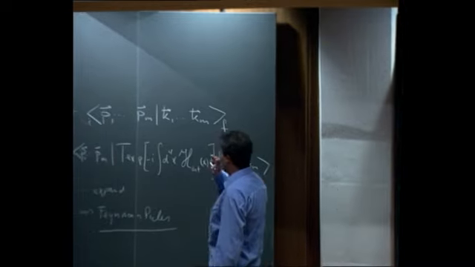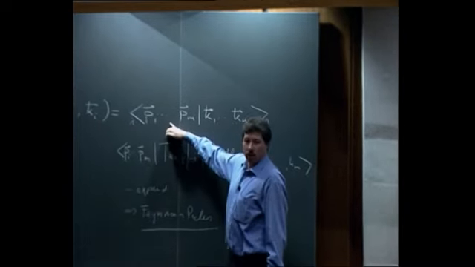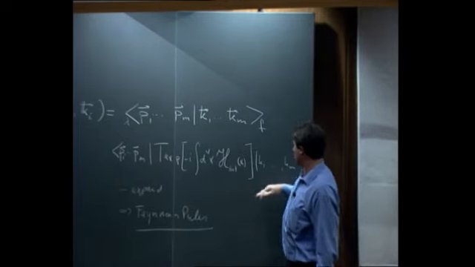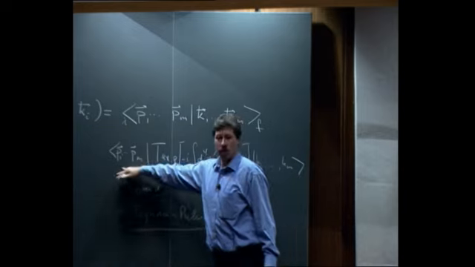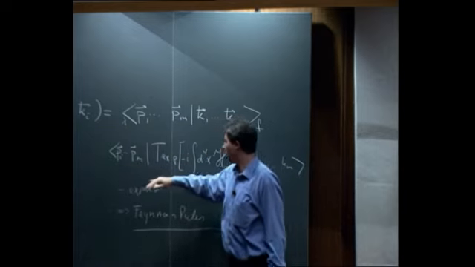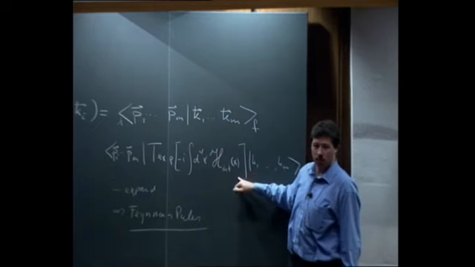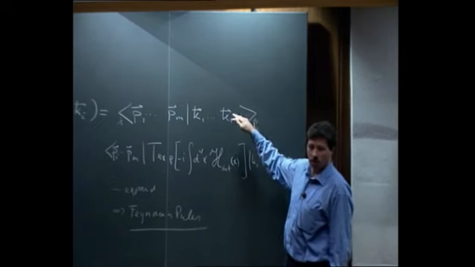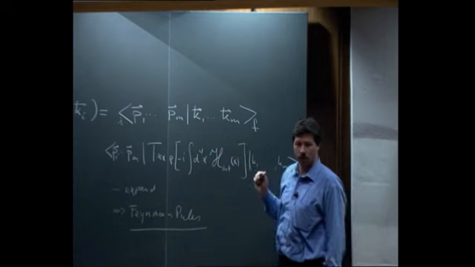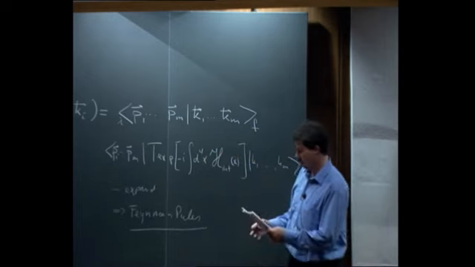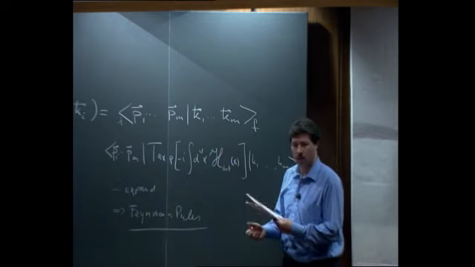Well, okay, so this is actually the state at t equals minus infinity, and that's the state at t equals plus infinity. And these states are actually defined in the same Hilbert space. And so what I have to do is insert the operator that maps the Hilbert space at t equals plus infinity to the Hilbert space at t equals minus infinity. And so this is the way that these two are related.